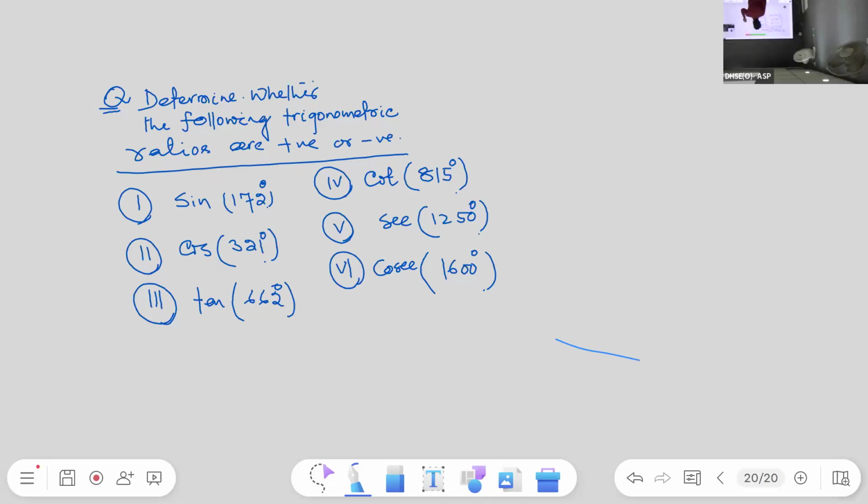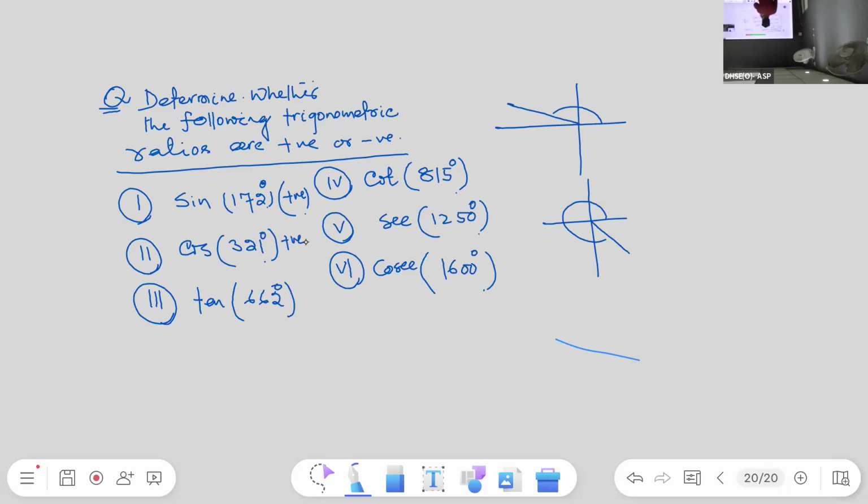172 belongs to second quadrant. In second quadrant, sin is positive. 321 belongs to fourth quadrant. In fourth quadrant cos is positive.